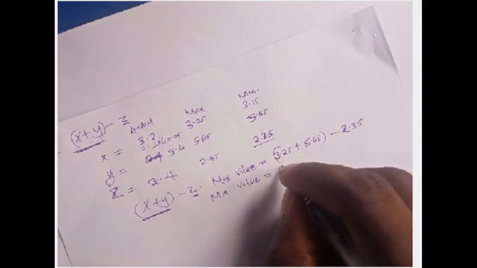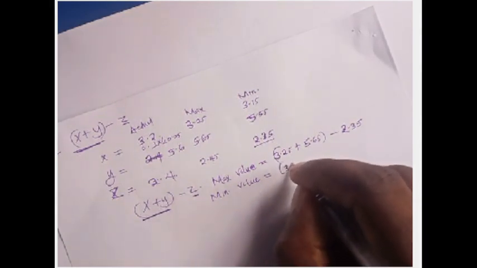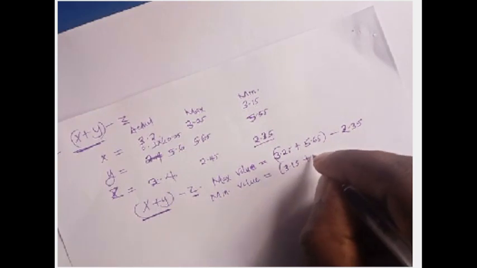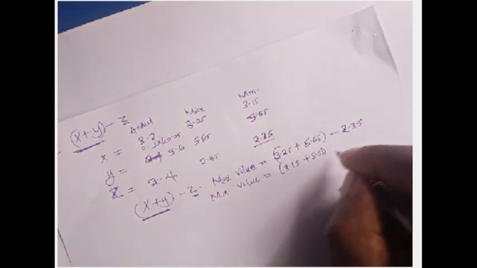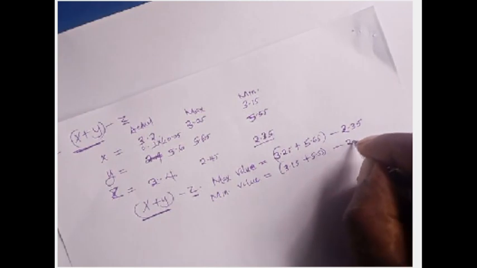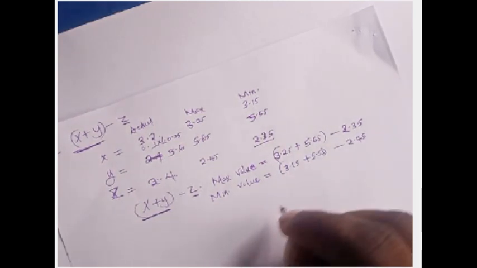Minimum sum, which is 3.15 plus 5.55, minus 2.45.